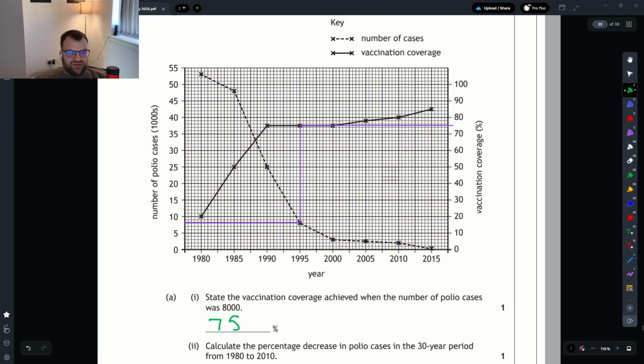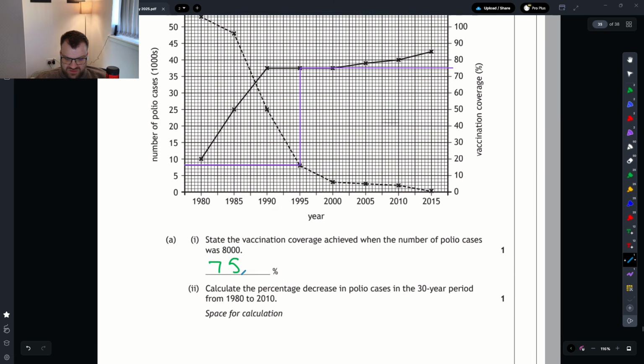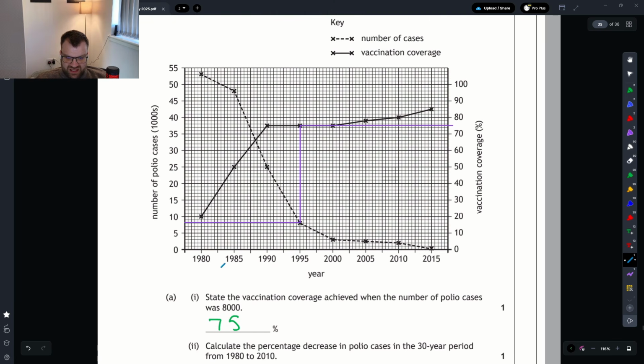You can only go from the left-hand axis to the dashed line and then from the right-hand axis to the full line. Percentage decrease. Right, let's get our two numbers involved. So cases 1980. Cases is the full line. And it goes over to here. That's 53. And then 2010 is here.